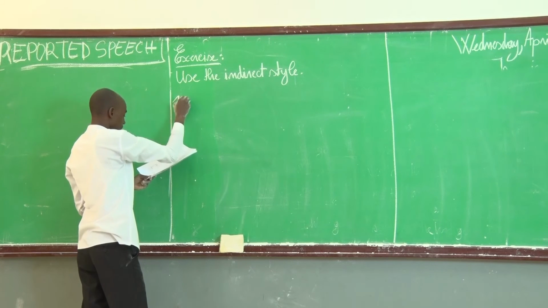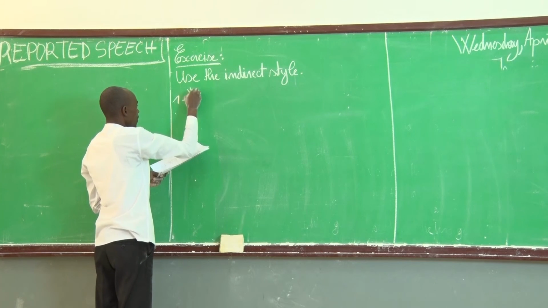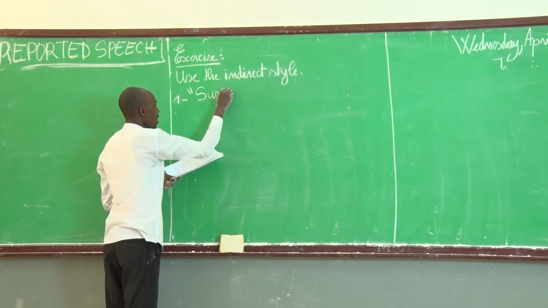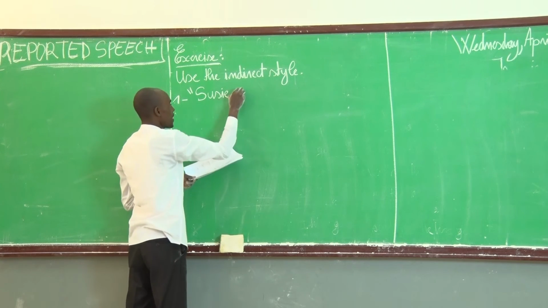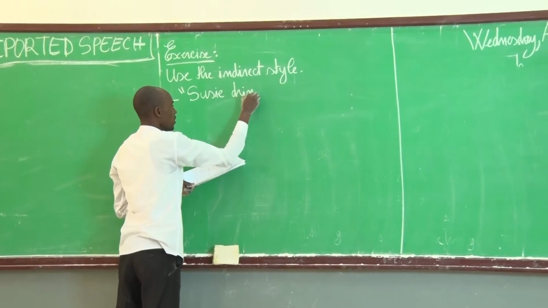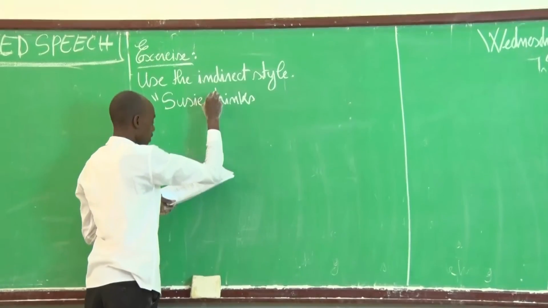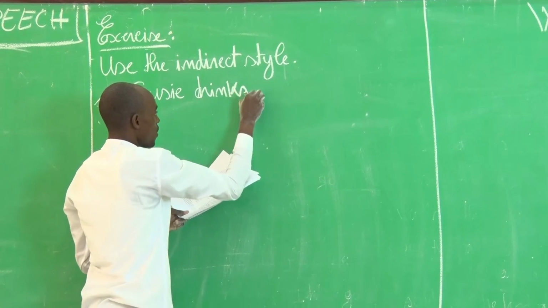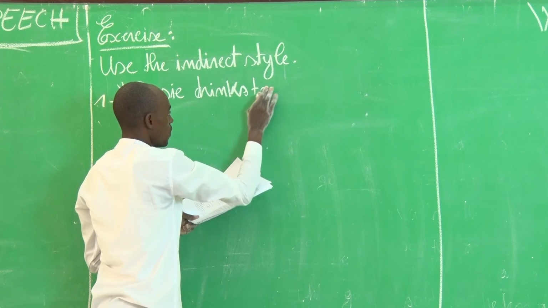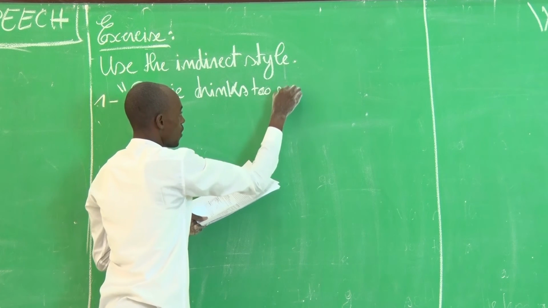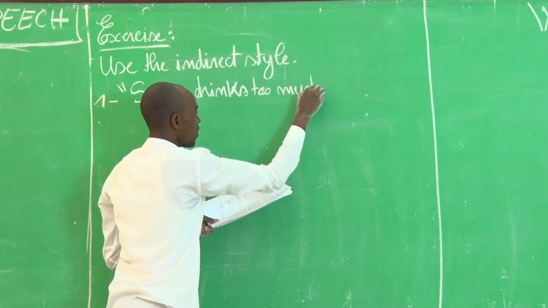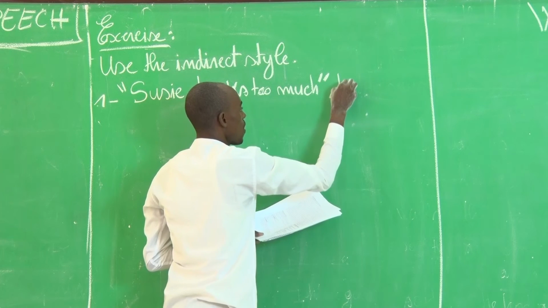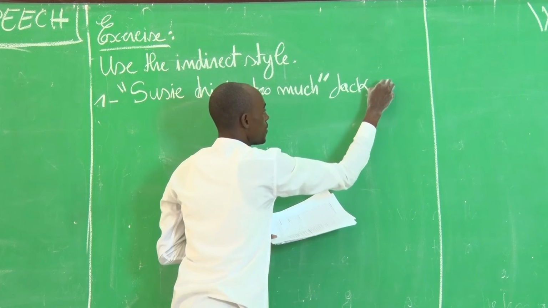You have one. Susie drinks too much. Jack said.